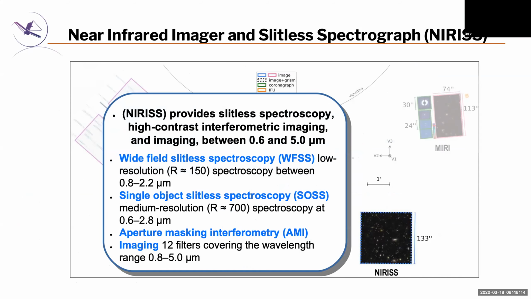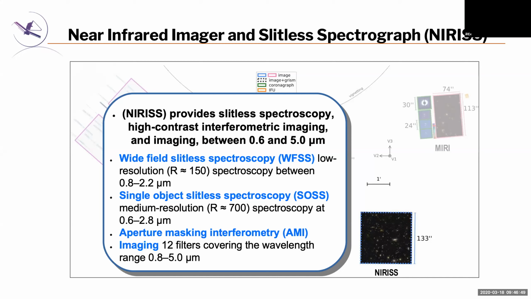Then there's our favorite instrument, right? In Canada, the Canadian made instrument NIRISS. It provides slitless spectroscopy, high contrast interferometric imaging, the AMI mode, and also imaging between 0.6 and 5 microns. So the WFSS, the wide field slitless spectroscopy, is complementary to the NIRCam feature. So it can do wide field slitless in the blue channel and at a lower resolving power of 150.